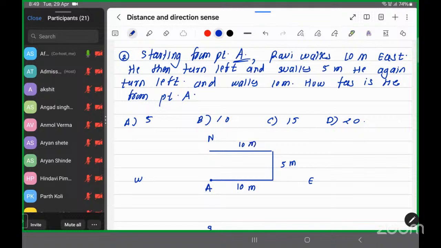Now he is at this distance from A. From A, it is a distance of 5 meter. If it is asked about the total journey, then the answer is 25. Got it? Yes, sir. It asks from point A, so the answer is 5 meter.